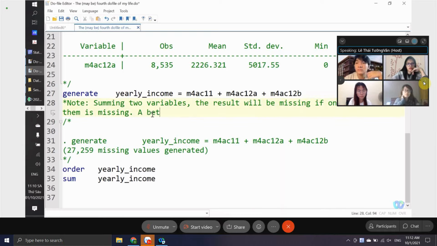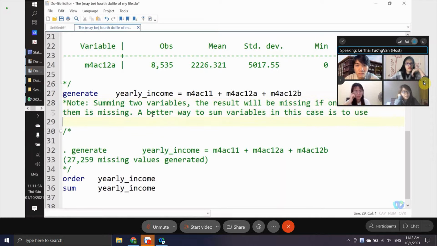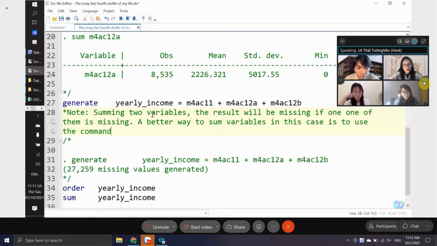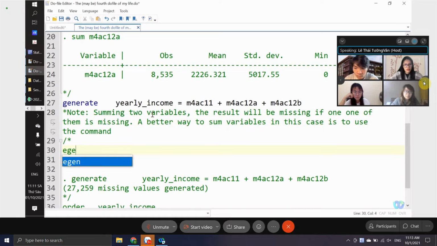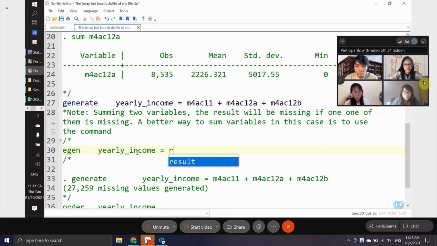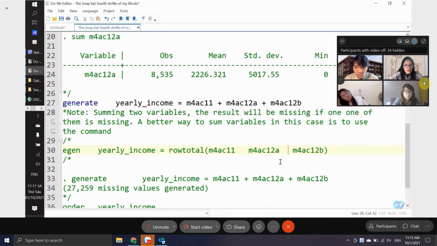Okay, so a safer, better way to sum the variable in this case is to use the command egen yearly income equal to row total, and then you put all of these variables together, with spaces in between them.